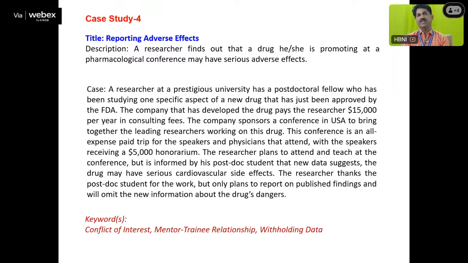And during that time, his student worked on a slightly different effect of the drug and found that this drug can definitely have some side effects. When the student reported that new finding, this researcher did not include it, because he was going to present the previous work about the acceptance of the new drug.